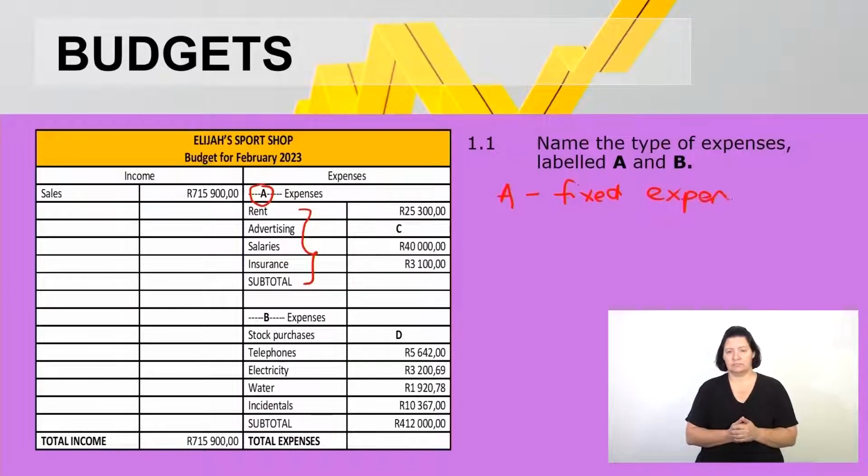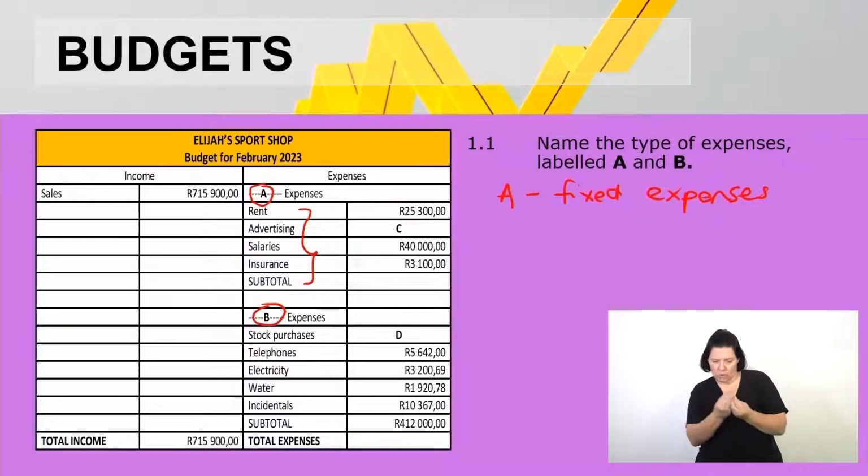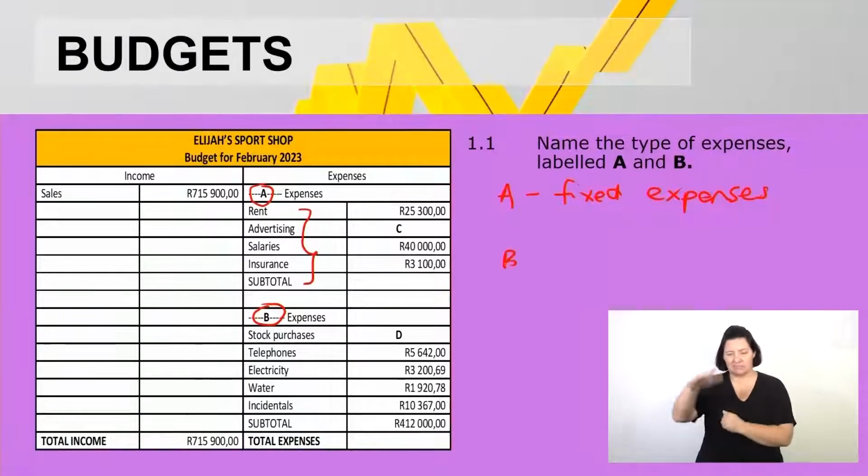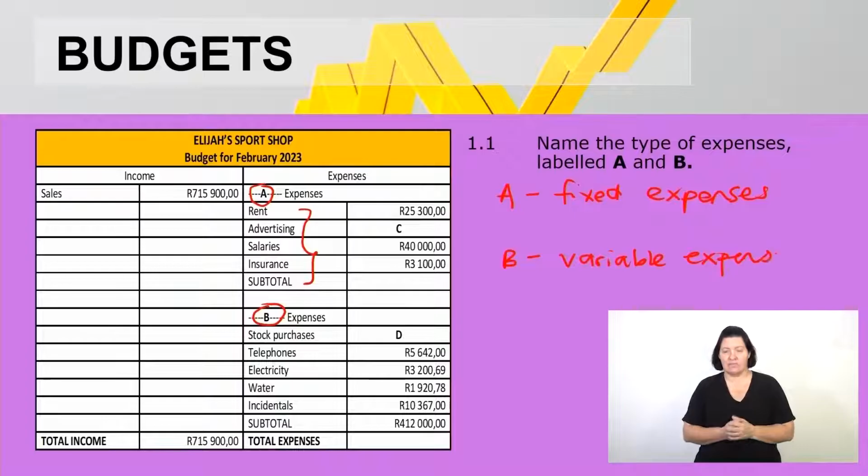We are not done with this question. We also have to indicate what B is called. Looking at stock purchases, telephones, electricity, water, and incidentals, we can say B is our variable expenses. So it's important for you to study your terminology and definitions so that this becomes easier.